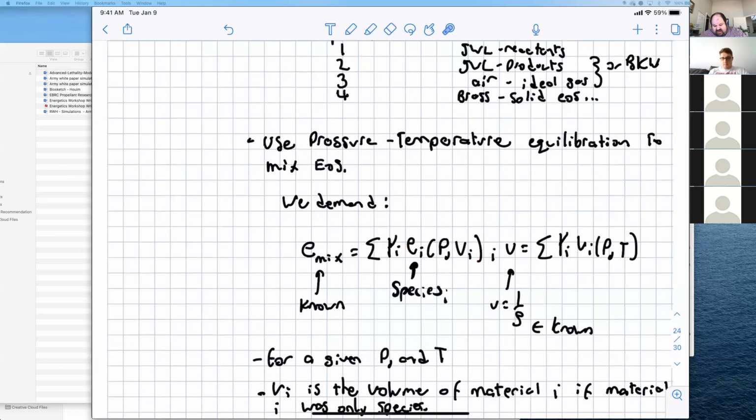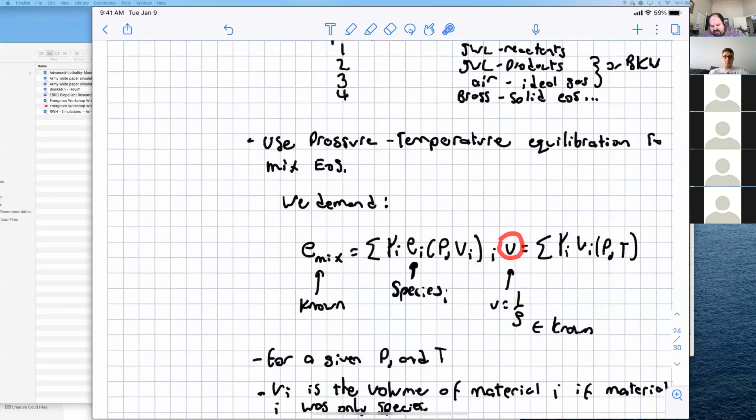This looks the same as it did for the normal gas laws, but here the caveat is that all of the different e_i have a completely different equation of state, a completely different functional form, and you can't mix and match them like we did before. The internal energy is known just from solving your governing equations.